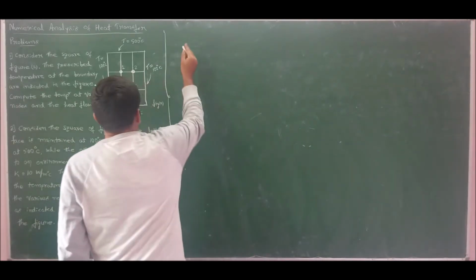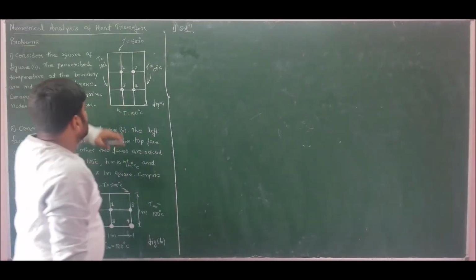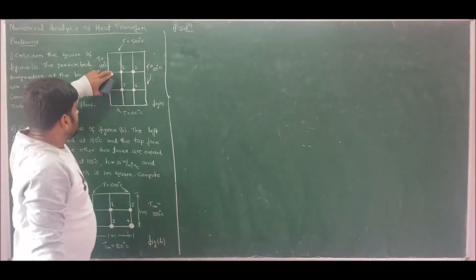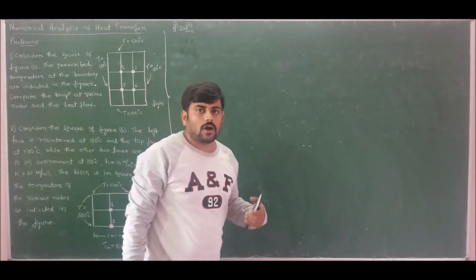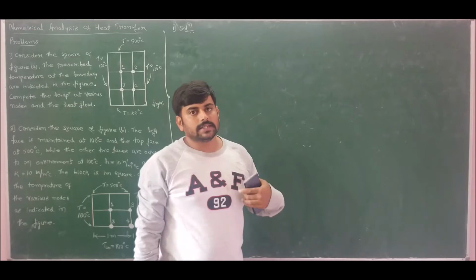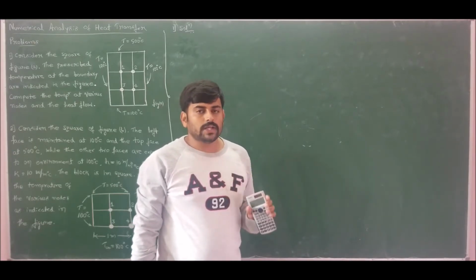Moving to the solution of problem number 1, the equation for temperature for an interior node, or for a node subject to convection, or for a corner node subject to convection from both sides, I have derived in our previous lecture. So if you have forgotten, no need to worry.